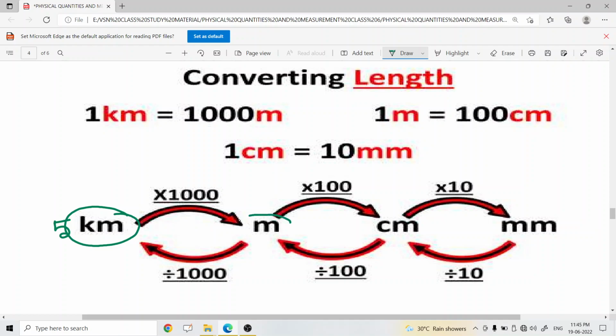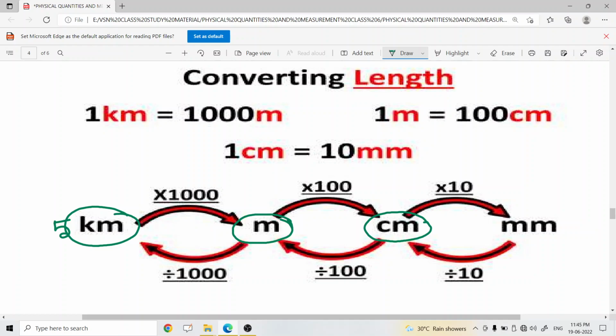We get the meter unit. If we convert meter into centimeter, then we have to multiply the numerical value by 100. Then if we want to find centimeter to millimeter, we just multiply the value by 10.